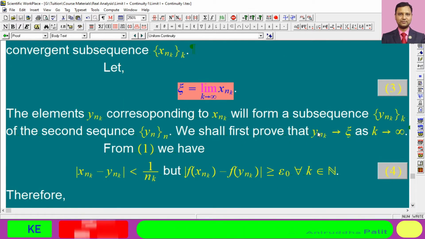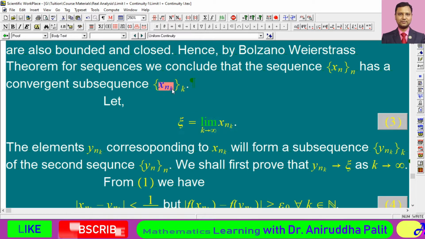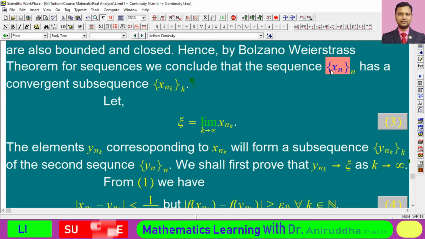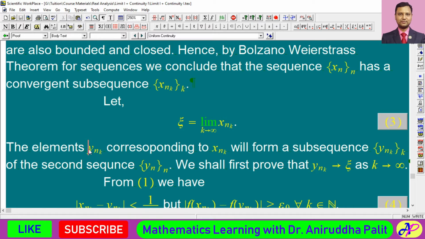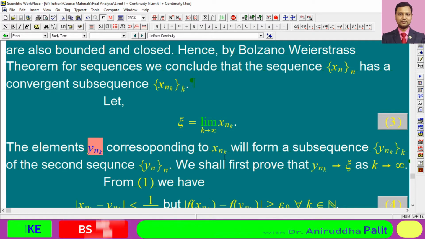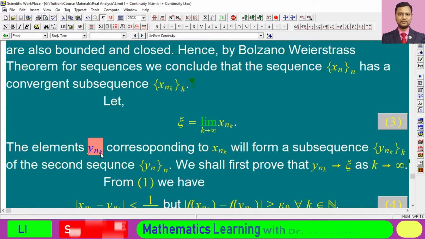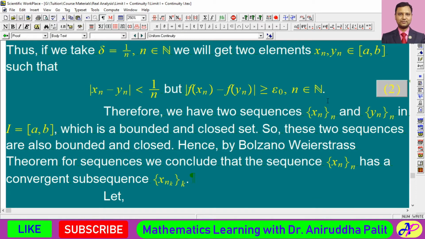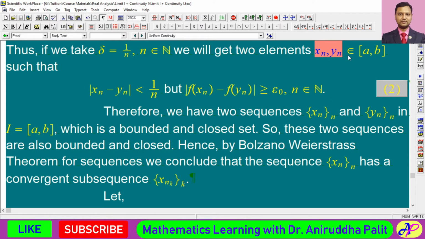Okay, and corresponding to the elements of this subsequence from the first sequence, there are corresponding elements ynk from the second sequence. Corresponding to each xnk, there must exist ynk, because xn and yn arise pairwise.